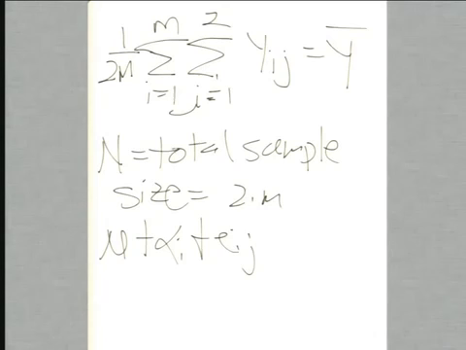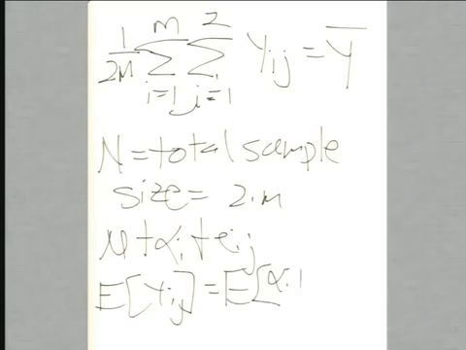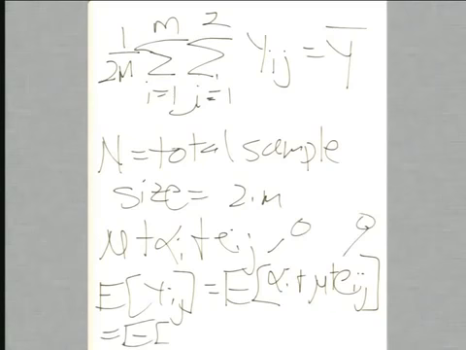it's just mu, exactly. So the mean of yij, if you really just put out all the gruesome details, is the mean of alpha i plus mu plus eij, because that's what y is. In my model, y is those three things added up. Well, that has mean 0, and that has mean 0. I also know that the mean of a sum is the sum of the means, so I know that this is the mean of alpha i plus the mean of mu plus the mean of eij.